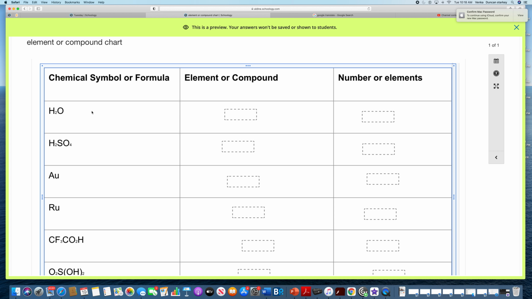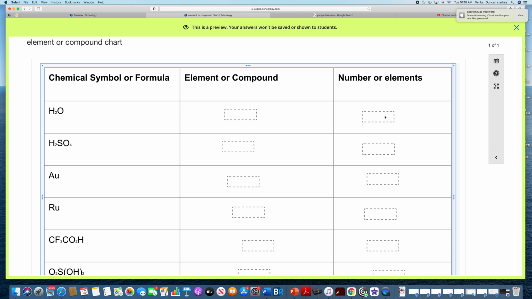So we're going to start by completing this side of the chart. Number of elements. We're going to identify how many elements by identifying how many capital letters. Here we have H2O. So we're going to count, capital H is 1, capital O is 2. So the number of elements is 2.